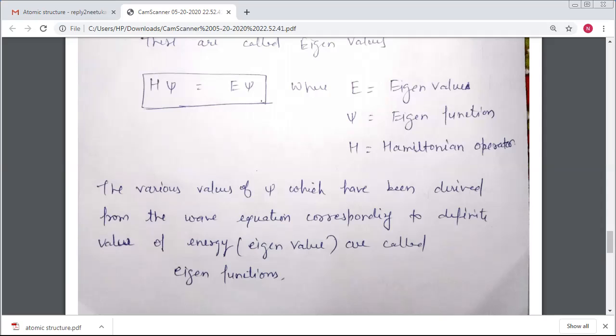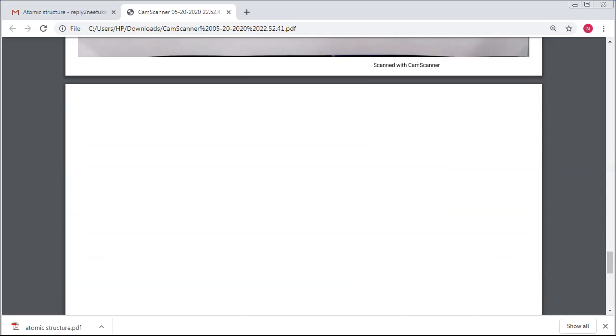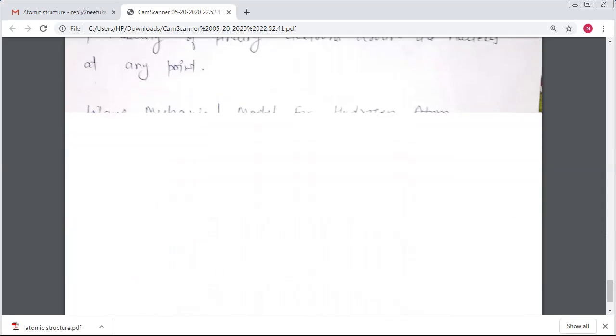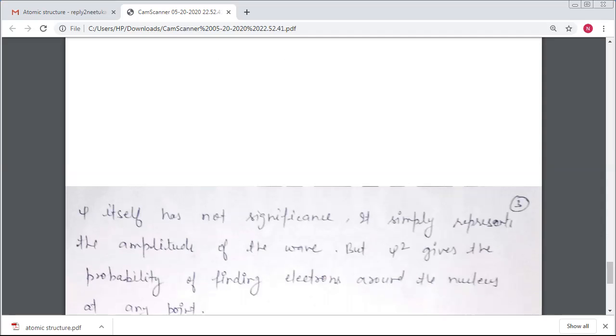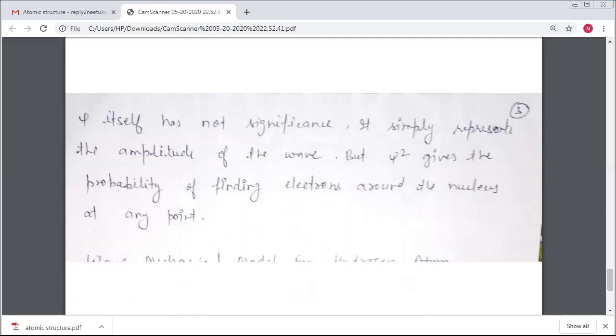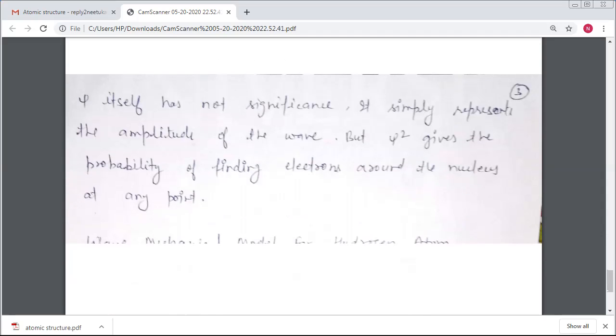Okay, so this is the psi and the psi square. The psi itself has no significance. It simply represents the amplitude of the wave, but the psi square gives the probability of finding the electrons around the nucleus at any point.